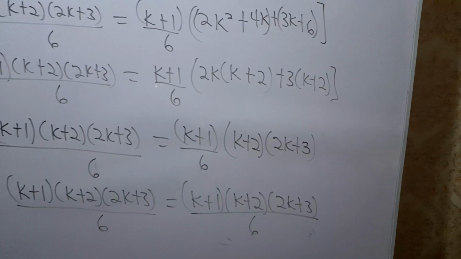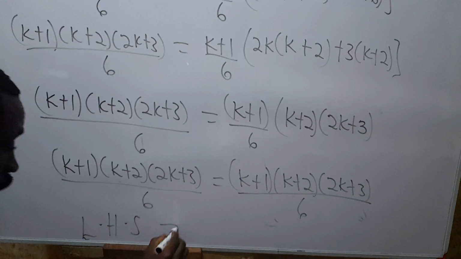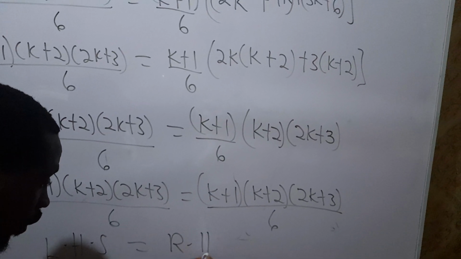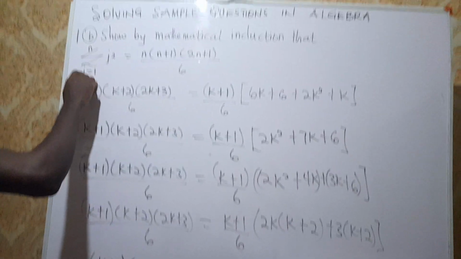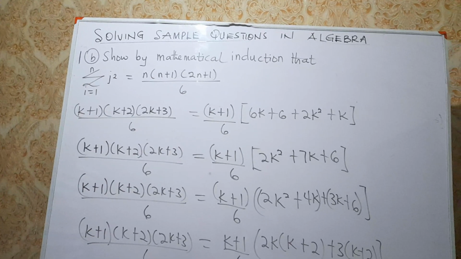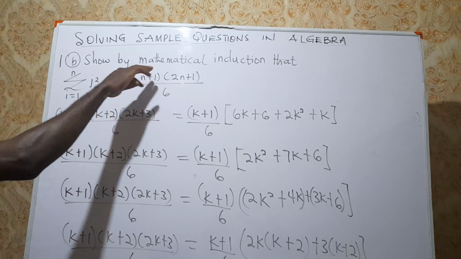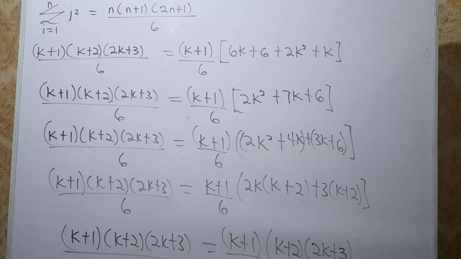So you realize that our left hand side is equal to the right hand side. Then you can conclude that it is true that the sum where i equals 1 up to n of i squared is equal to n(n plus 1)(2n plus 1) all over 6. I hope you get this.